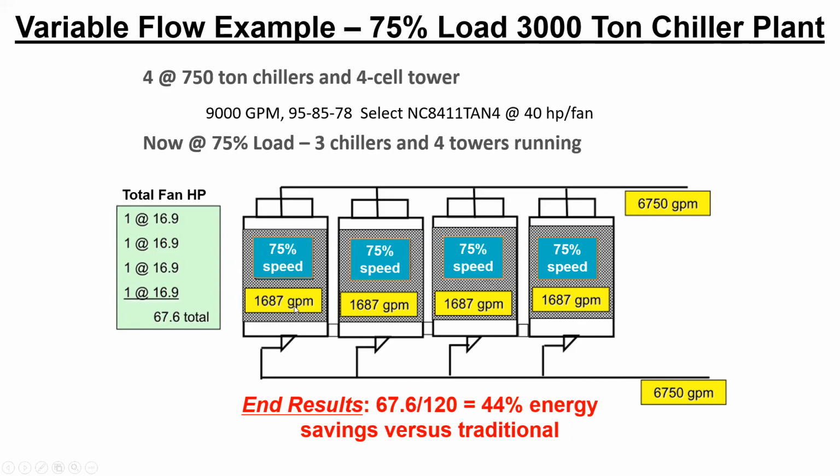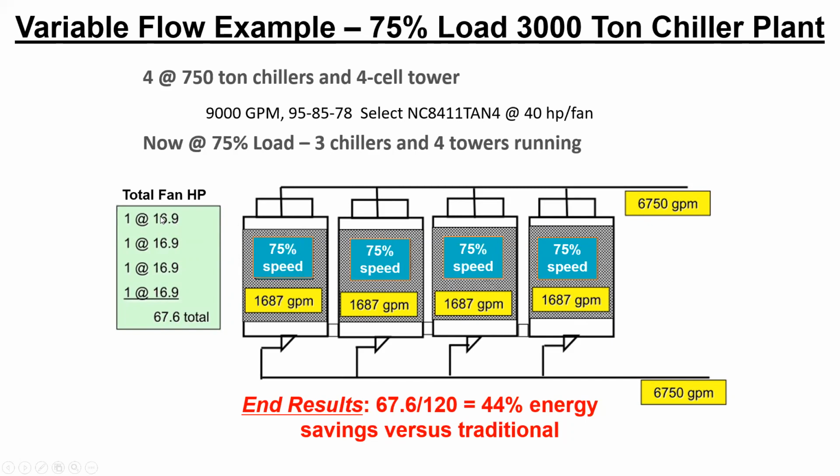So this way our total GPM is equal to the incoming gallon per minute flow rate of the condenser flow. Now, because we reduced 75%, our power, as you remember, varies with the cube of the reduction in speed. So instead of 40 horsepower, we are talking about 16.9 horsepower for each fan.